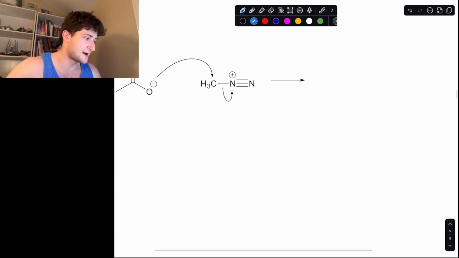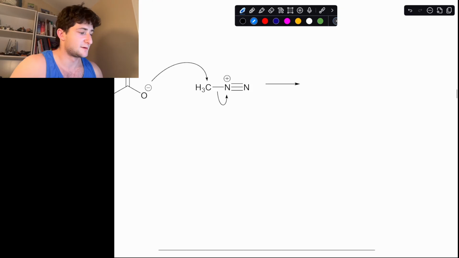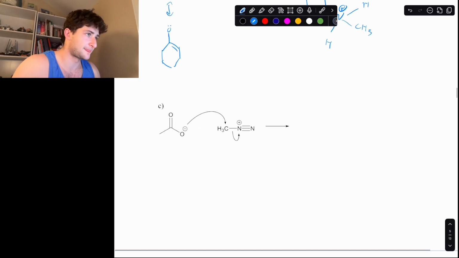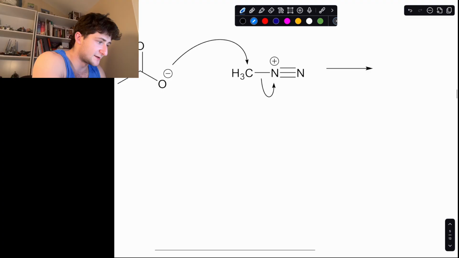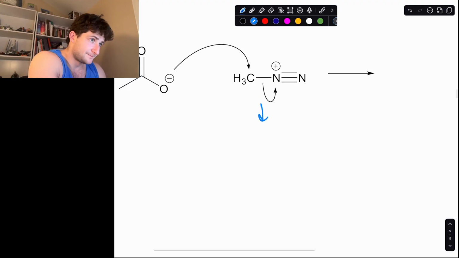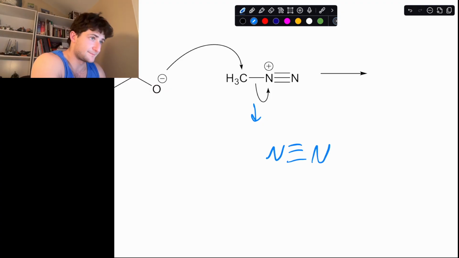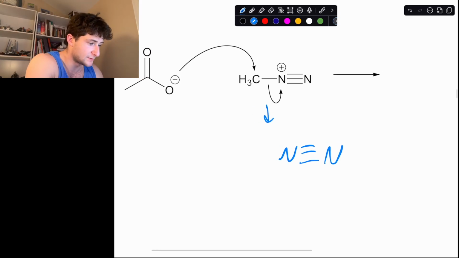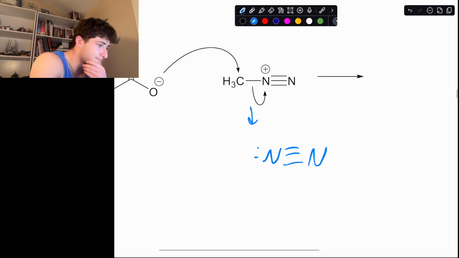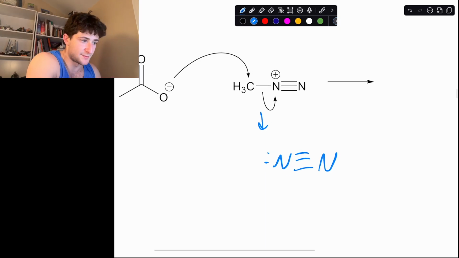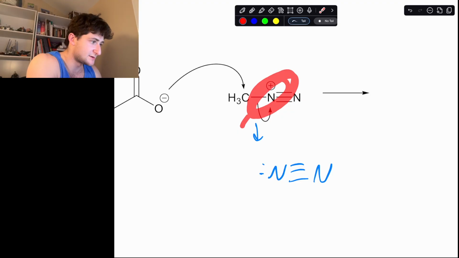Alright, this one's kind of freaky too, because we got electrons coming off the oxygen doing weird things. This is splitting, so just do them one at a time here. This has become N2. No longer positive because these electrons from this bond are going straight to the nitrogen.